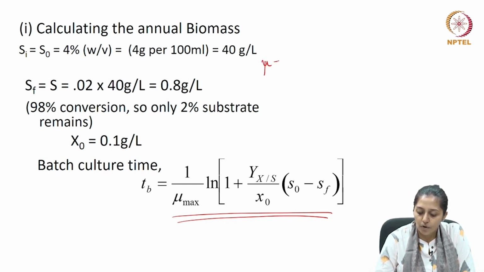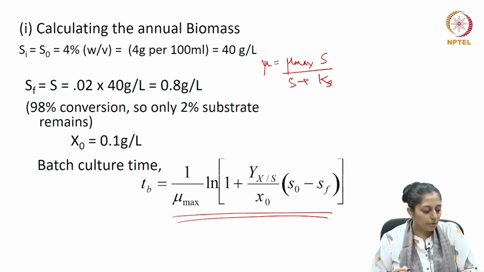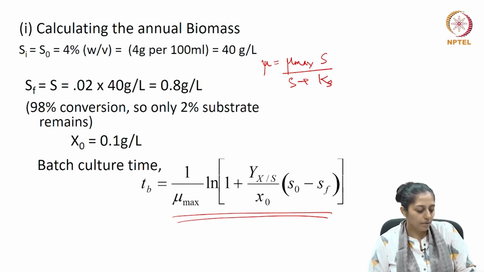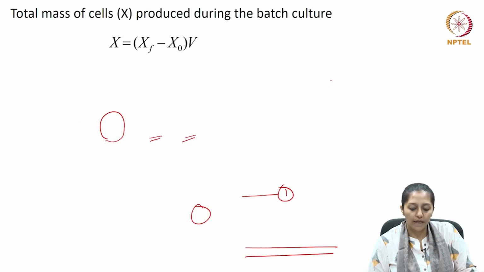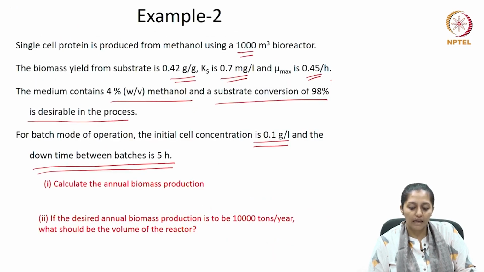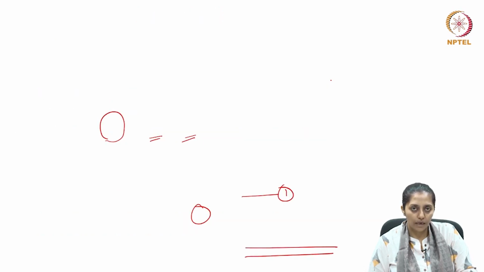The culture is following Monod's kinetics. Now, if you see the problem carefully, the value of Ks is very, very less than the initial substrate concentration. Ks is given in the order of ppm, whereas the substrate concentration is in grams per liter, in the tens, which means 40 grams per liter.